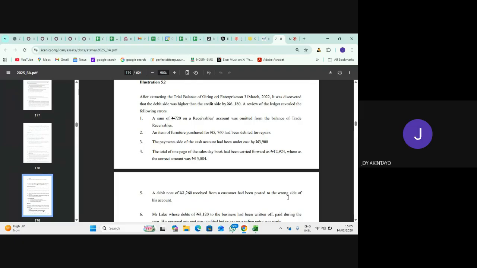Are we together? Now it is the customer that gave us a debit note, telling us that we are the one owing the customer 1,260. That shows the customer's account has been overcharged.